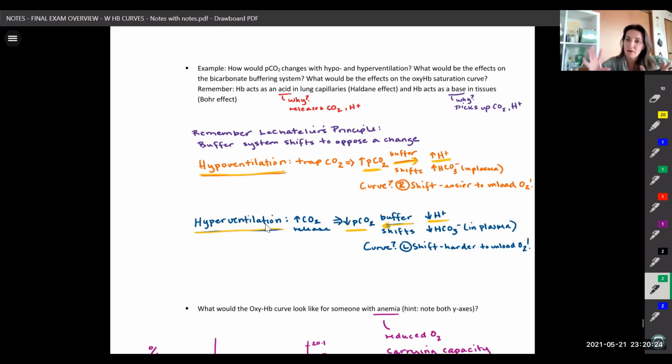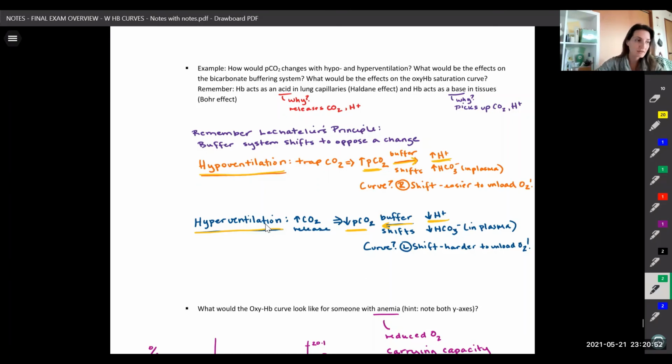So we have bicarbonate and hydrogen ions combining to produce carbonic acid that dissociates, raising levels of CO2. And during this process, we see the individuals experiencing low PCO2, and with the removal of bicarbonate and hydrogen ions, as this buffer shifts, we see low levels of hydrogen ions.